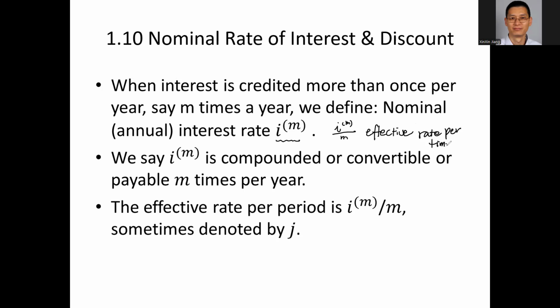So that's the meaning of this number. m is the number of times the rate is compounded per year. The effective rate per time period is this, which I wrote here. Sometimes we denote it by j. Okay.